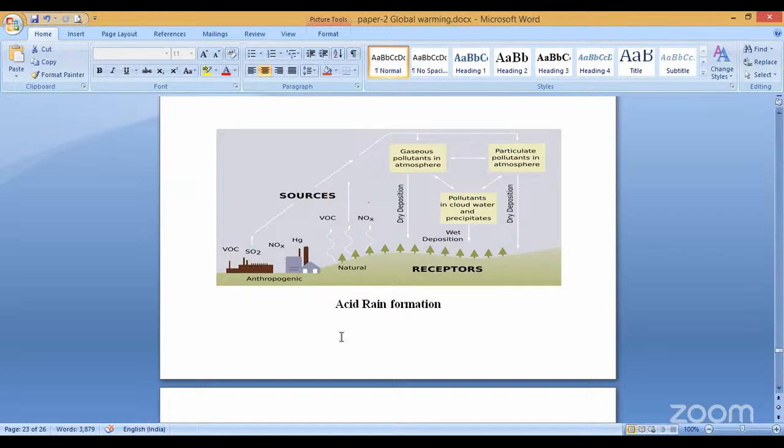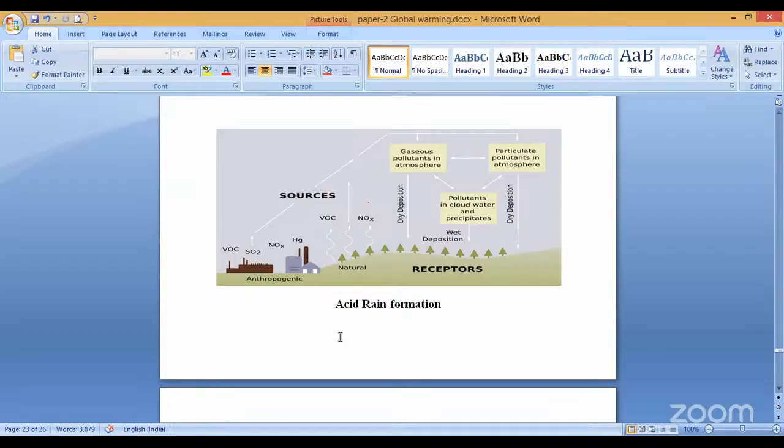The particle pollutants in cold water precipitate, and the wet depositions can reach the earth as acid rain.